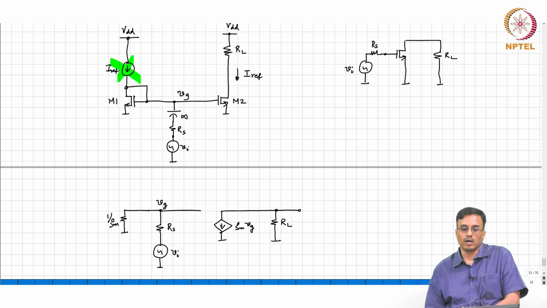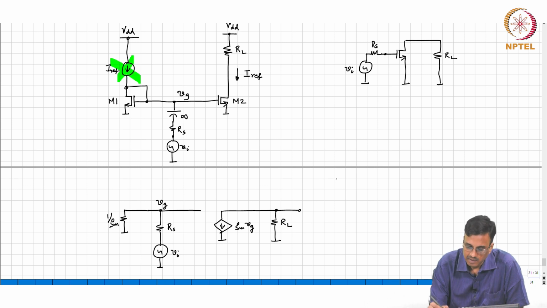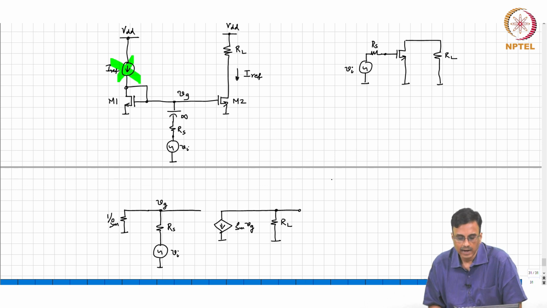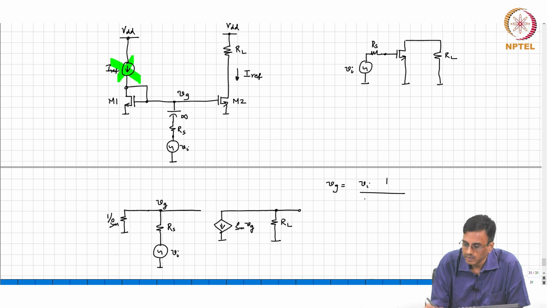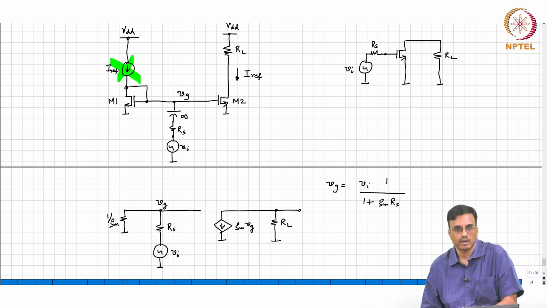Okay. All right. So, what is the small Vg therefore? It is nothing but Vi times 1 over 1 plus Gm times Rs.